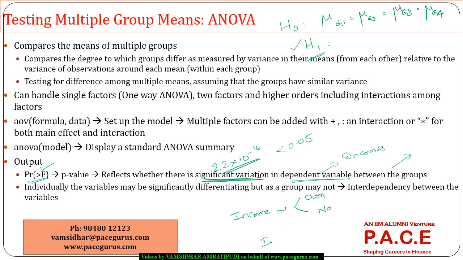Similarly, there is a difference in the income between the people belonging to the four different segments. So income is significantly different across this, income is significantly different across this.